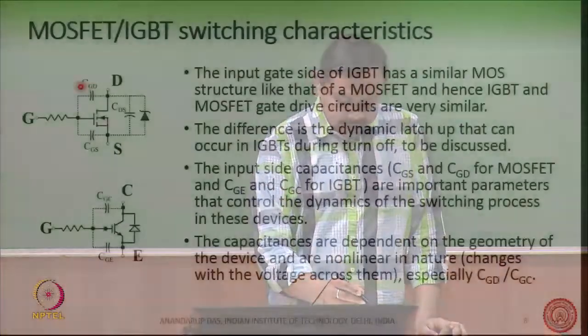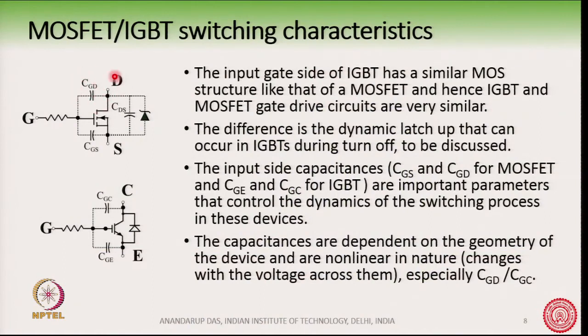So, the capacitors CGD or CGC, for example, are highly non-linear in nature. So, this is the challenge: how do you charge or discharge the capacitors in a fast time where the capacitances are non-linear in nature?